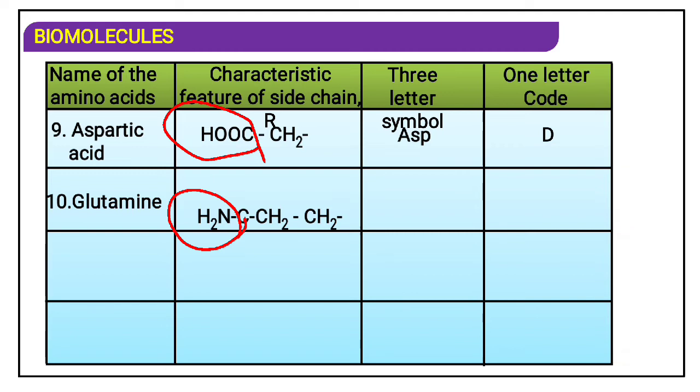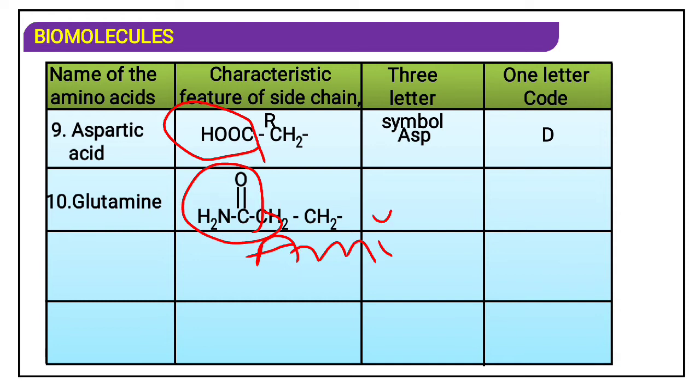See, glutamine is a non-essential amino acid, because there is no star. Glutamine is a non-essential amino acid and also a basic amino acid. Okay, and you can also remember that glutamine contains a functional group called the amide functional group.